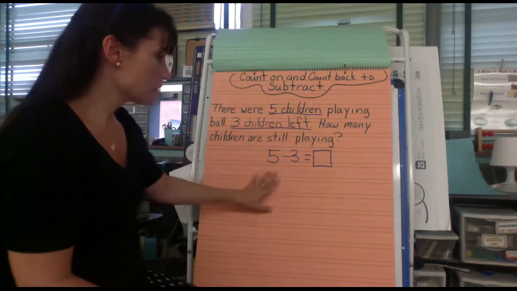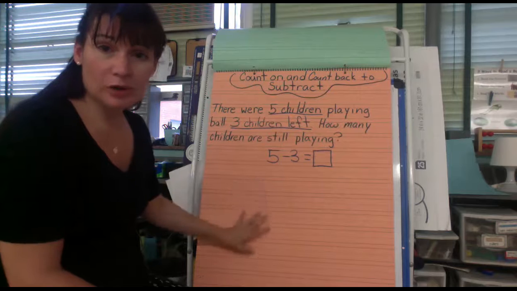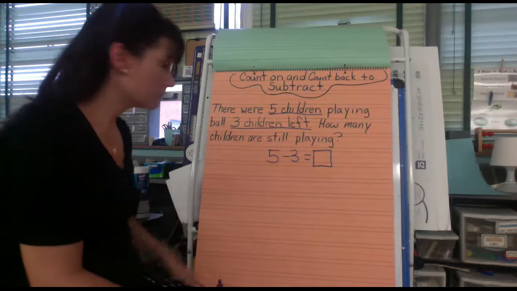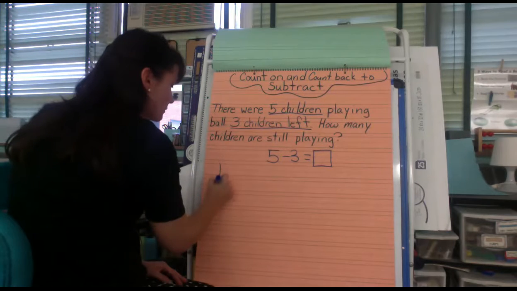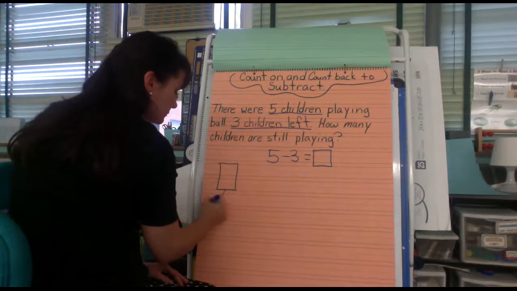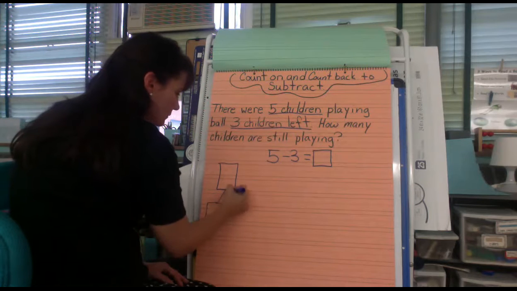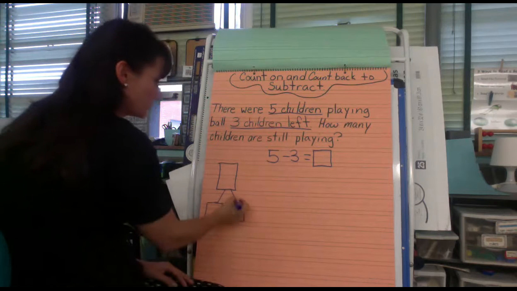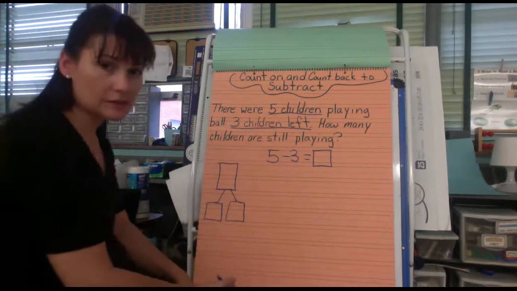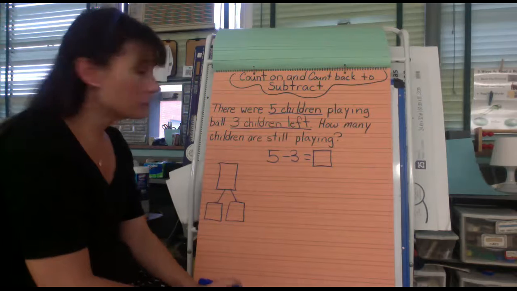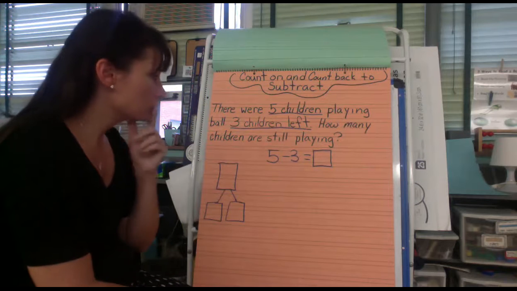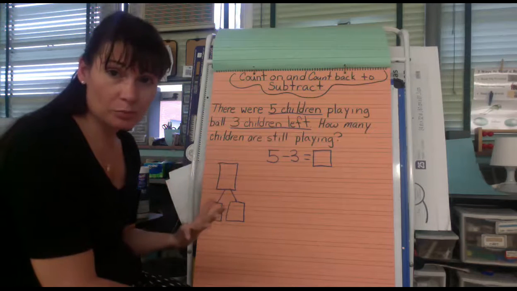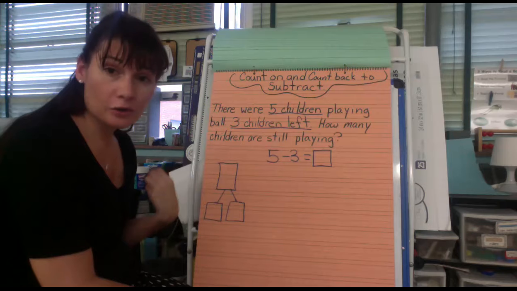So I'm going to start by using a number bond to help me with this problem. We know a number bond has our whole and our parts. Now, what is our whole number? We know that in a subtraction problem, your whole goes first.